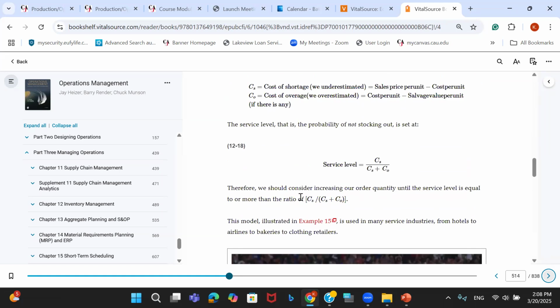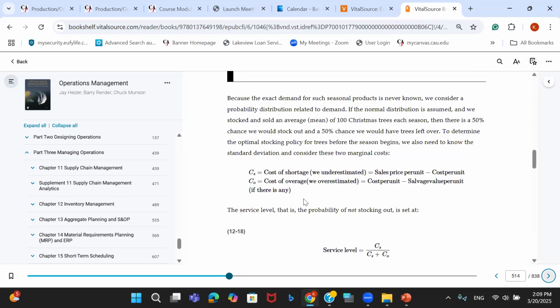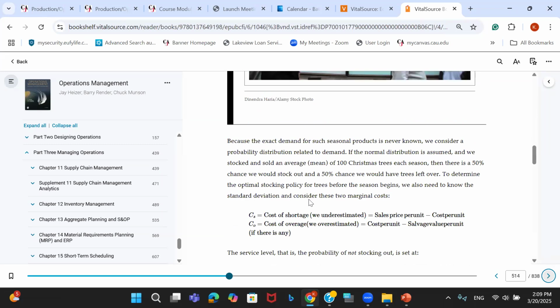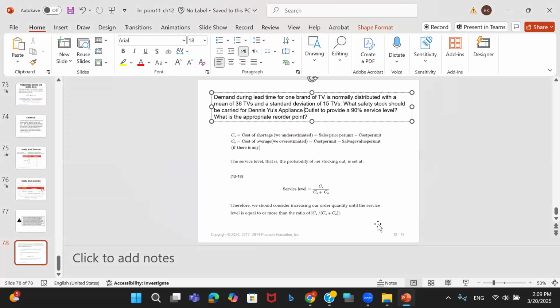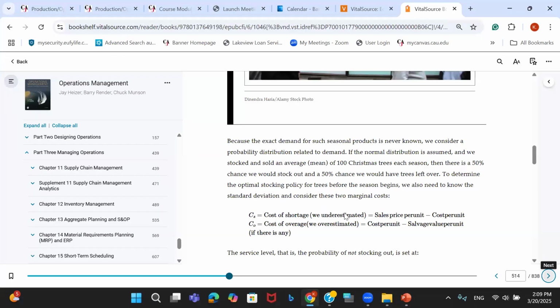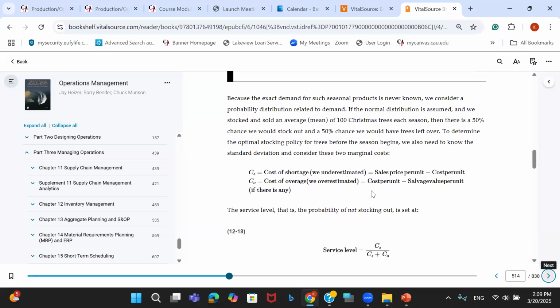Here is the example, on page 514. CS, cost of shortage, we did that: sales price minus cost per unit. That's what it costs you when you have a shortage.